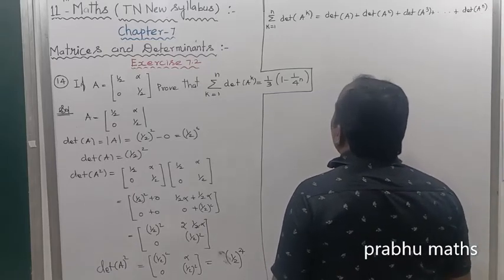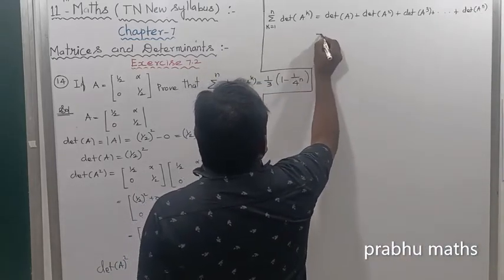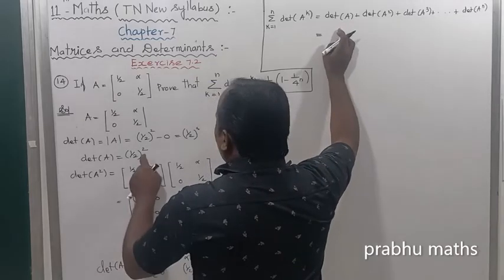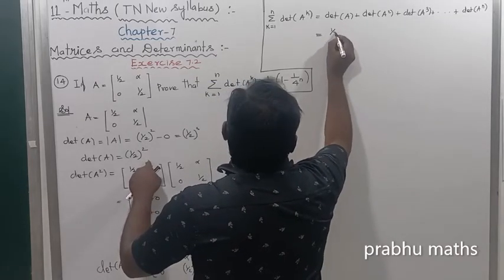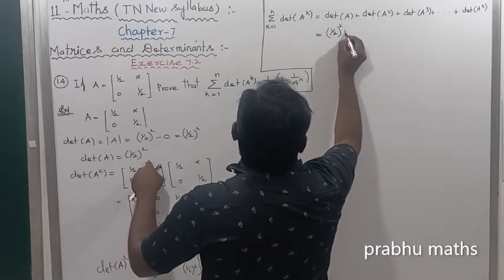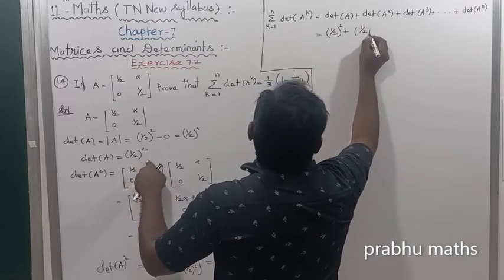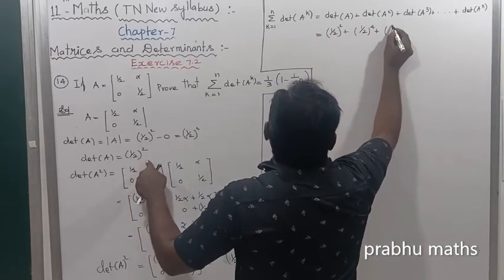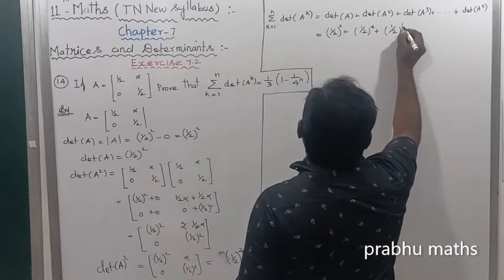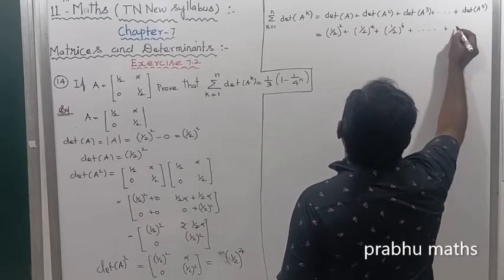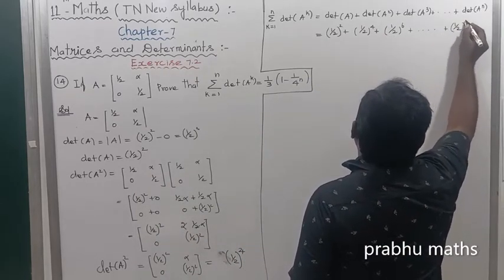That is the last term. Now replace the values: 1 by 2 the whole square plus 1 by 2 the whole power 4 plus 1 by 2 the whole power 6 plus, and so on, plus 1 by 2 the whole power 2n.